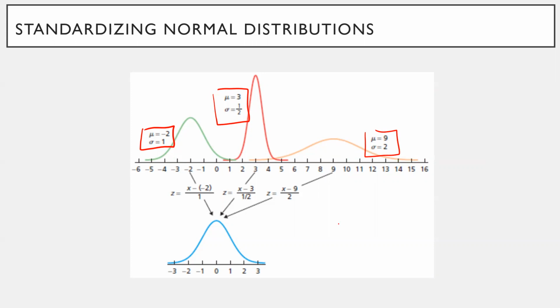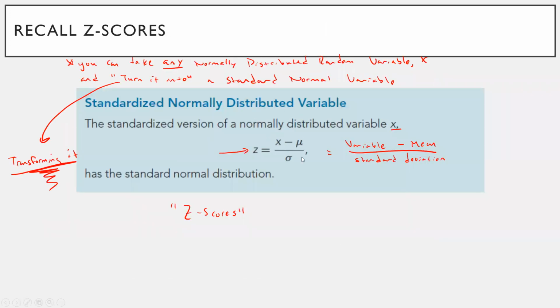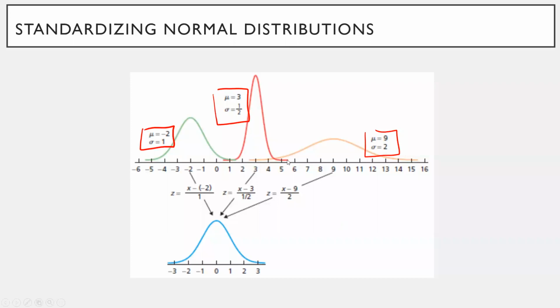They just look slightly different, but the look doesn't ultimately matter because what matters is the properties. If you run these curves through that z-score formula, x minus the mean divided by the standard deviation, it transforms all of them into a standard normal curve.